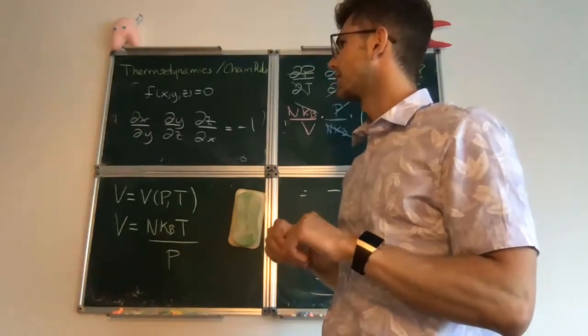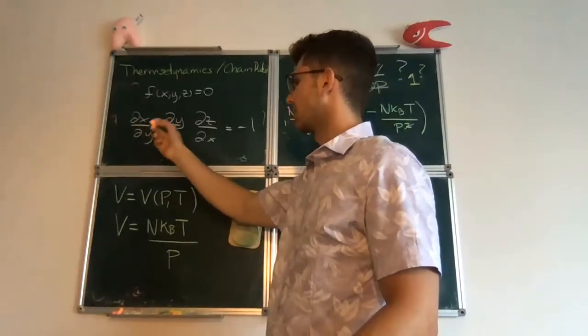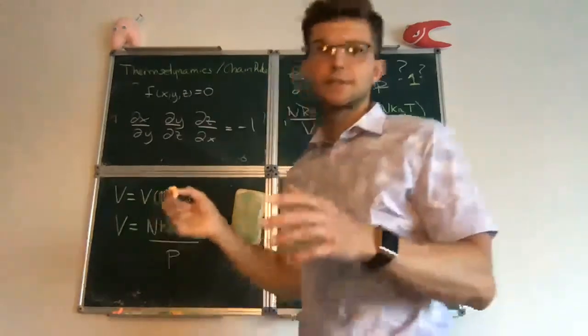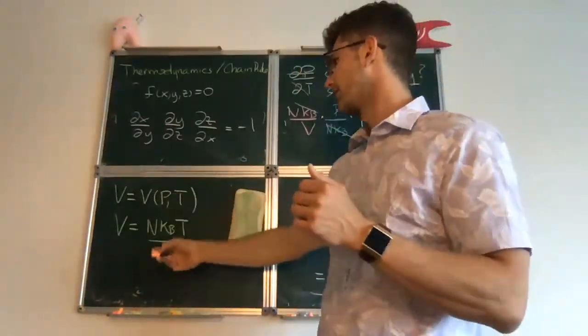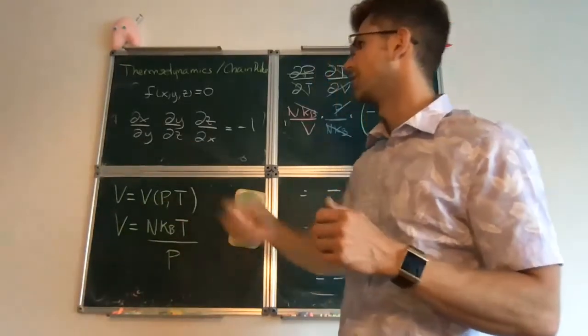When you write x as a function of y and z and so on, the function itself is changing from circumstance to circumstance, the function of two variables that you're using in each instance.